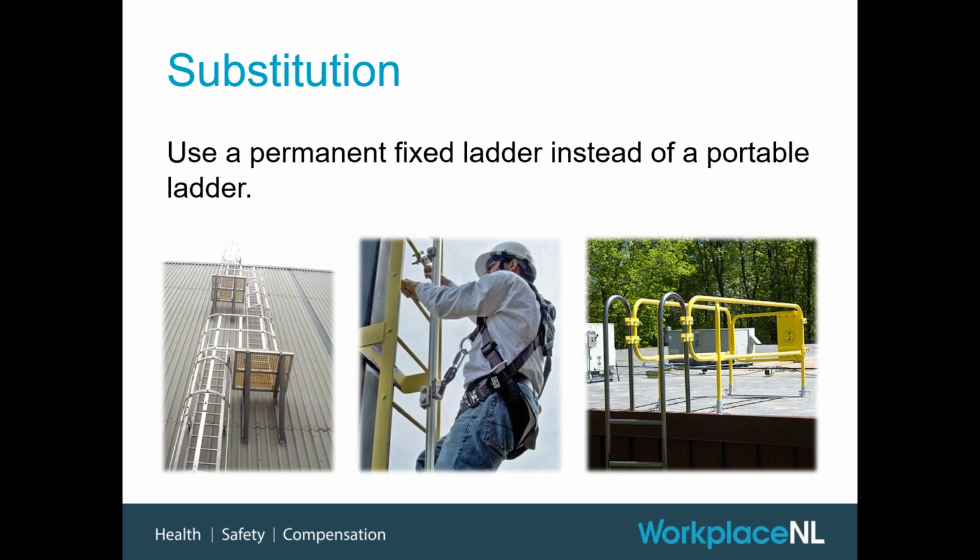Again, there's a lot of "if practical" elements to this. There are different factors that would apply, but generally speaking, if you can use a fixed ladder that has, say, a ladder cage like the picture on the left, or a ladder safety system like the one in the middle with the rail, this might be a little bit safer than a portable ladder.